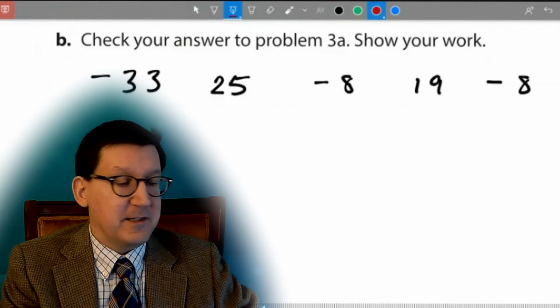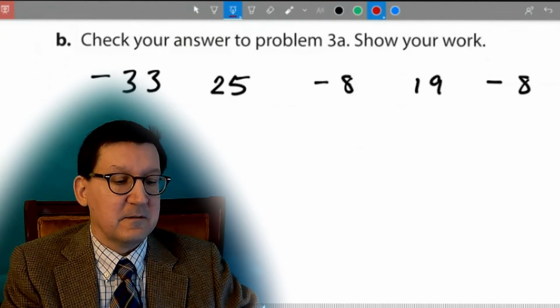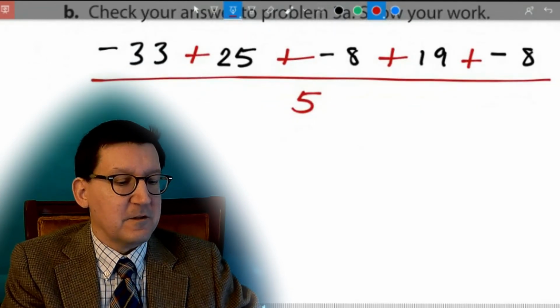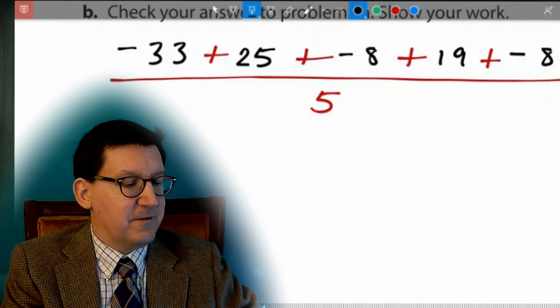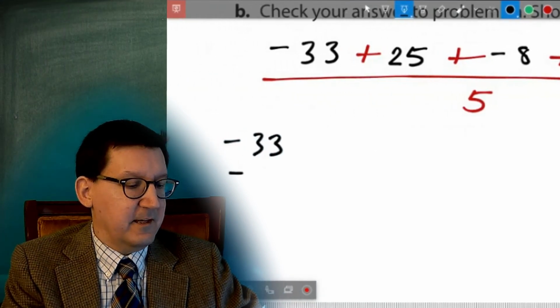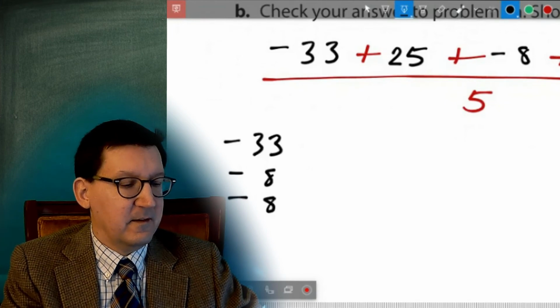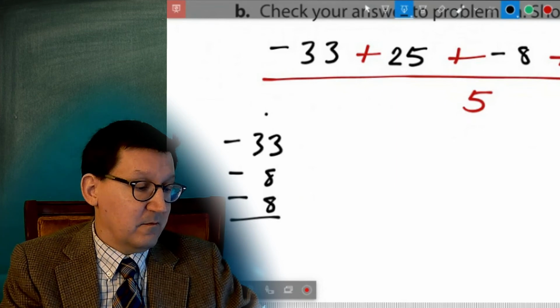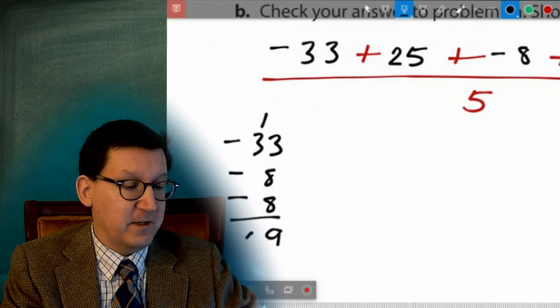So those are our data points, and we know we're adding them all together and dividing by 5. Let's work it out that way. If we have negative 33 and negative 8 and negative 8 again, 8 and 8 is 16 and 3 is 19. 3 plus 1 is 4. It's negative 49.